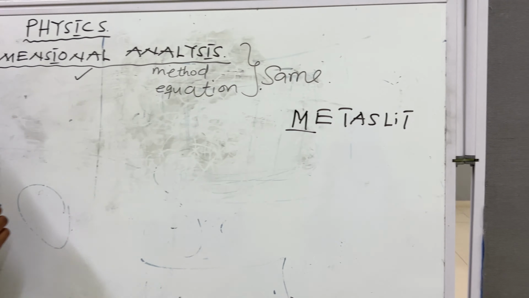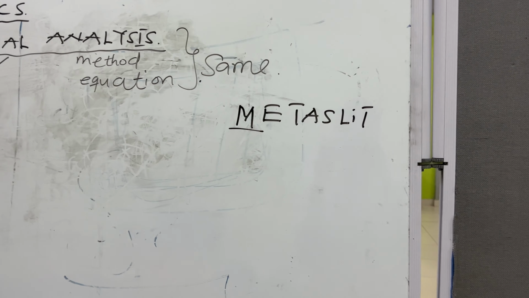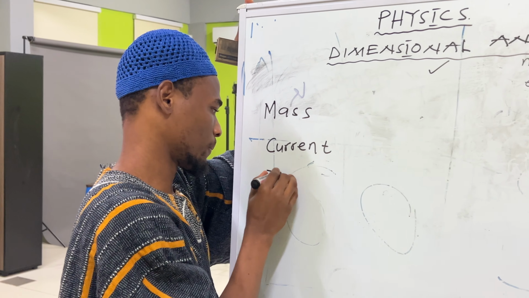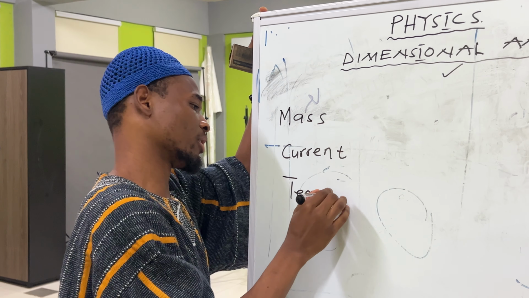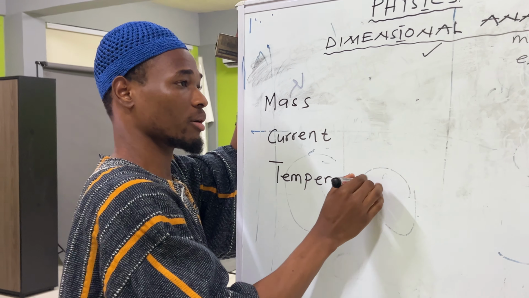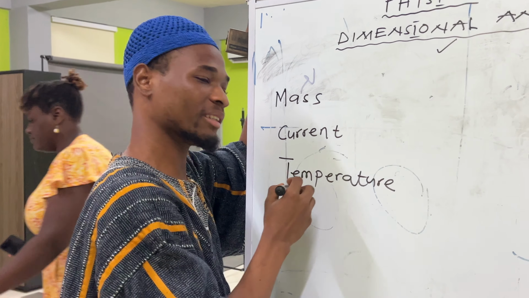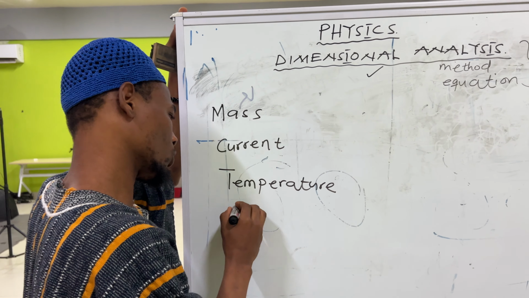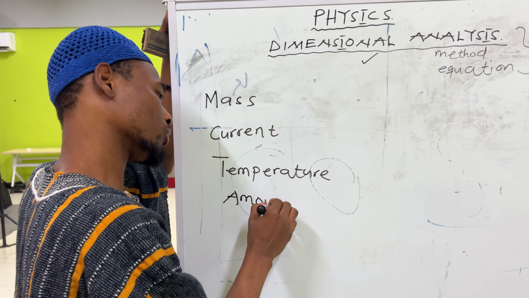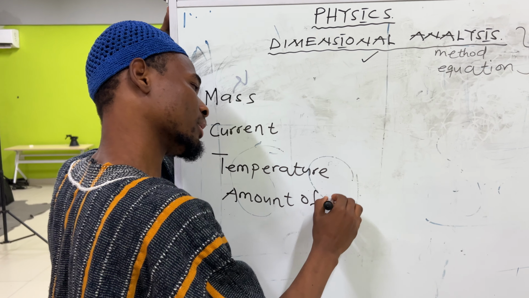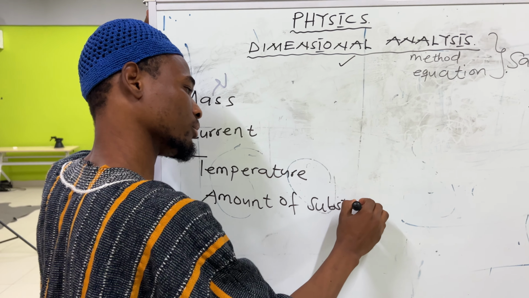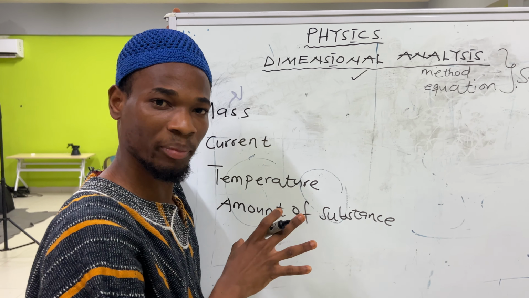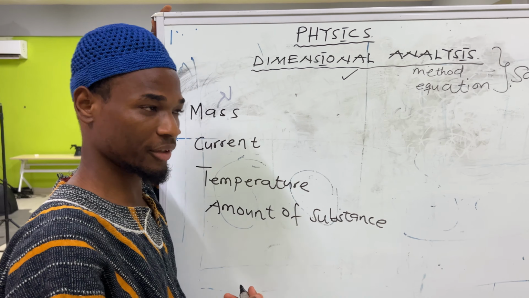Then my T means thermodynamic temperature, or in simple terms, temperature. I have my temperature over here. Then my A is amount of substance, or number of moles. So I have amount of substance. Don't worry, we'll take amount of substance as a major topic in the future in chemistry. Are you okay?